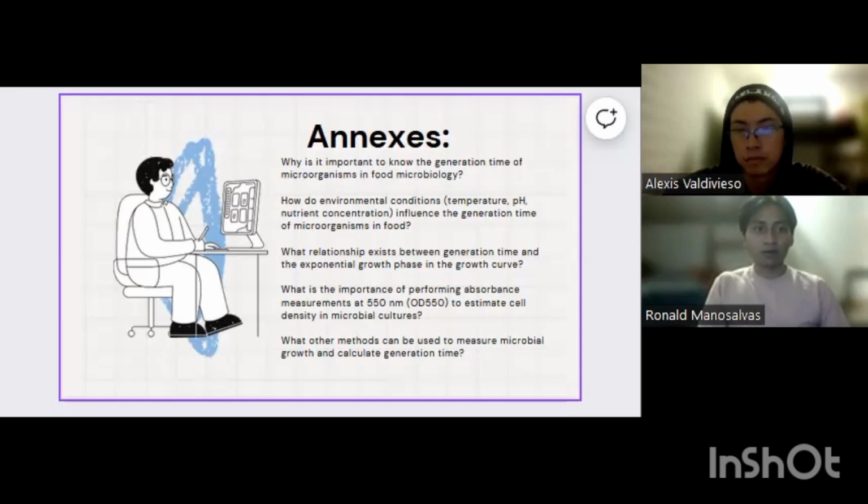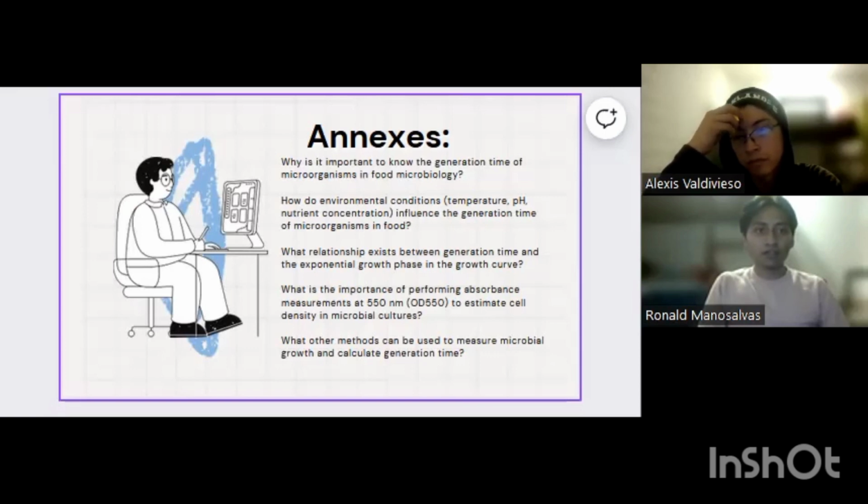Here are some important reasons to take these measures. It is quick and easy. Absorbance measurement is a quick and easy method to estimate the cell density in a microbiological culture compared to other laboratory methods, such as cell counting by microscopy. And non-destructive.